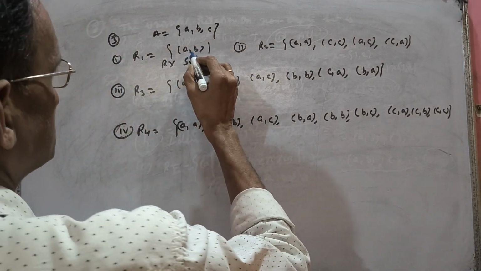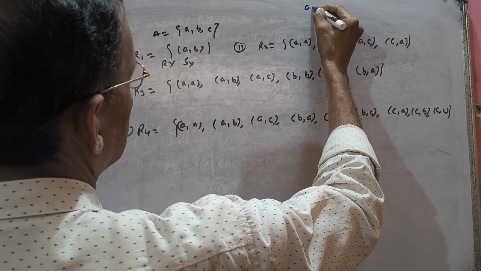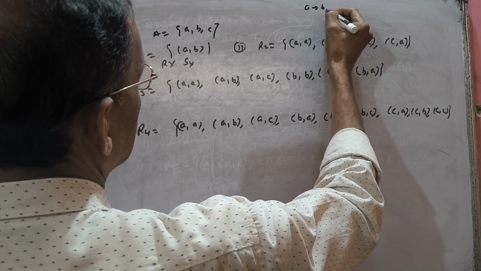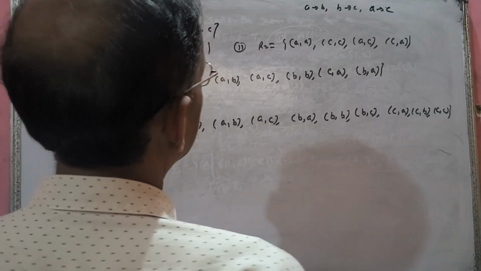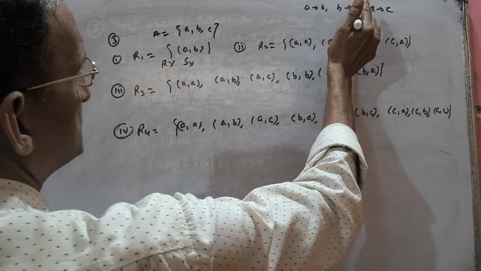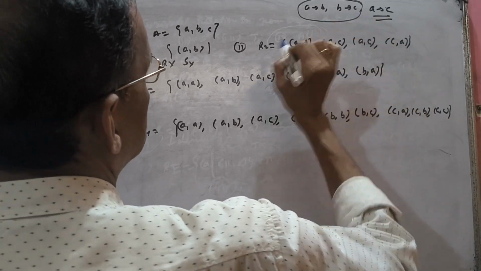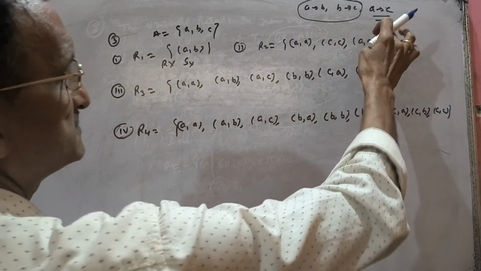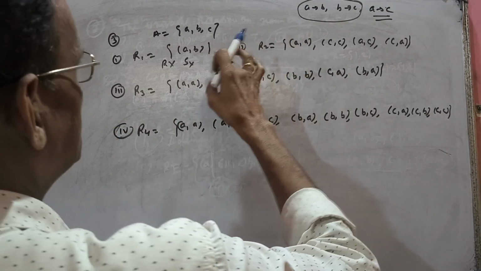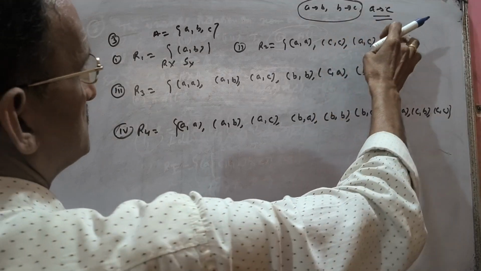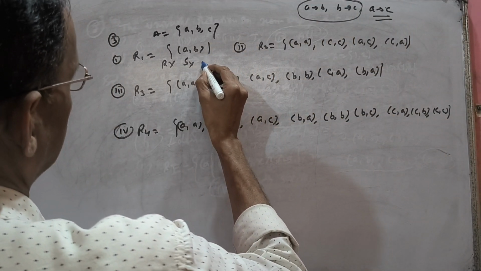Now, transitive: if AB is there and BC is there, then AC should be there. That condition is not here. AB is there, BC is not there, so you can't say AC is not there. It should be there, so it is automatically transitive.